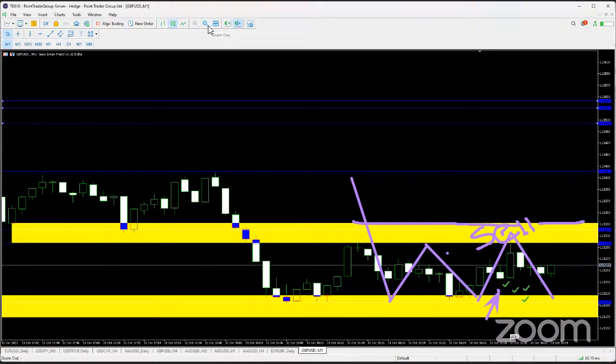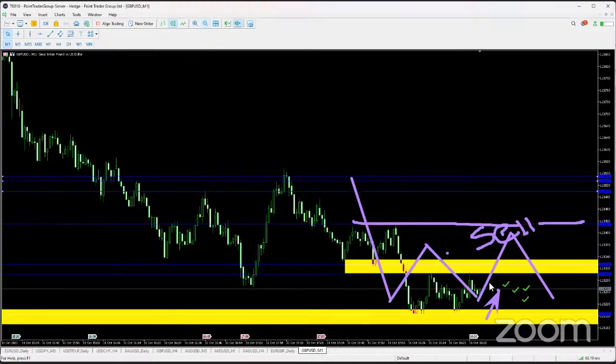What gives us power is the fact that we are having a downtrend.